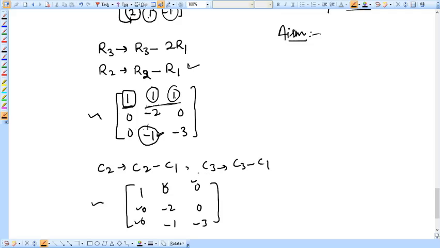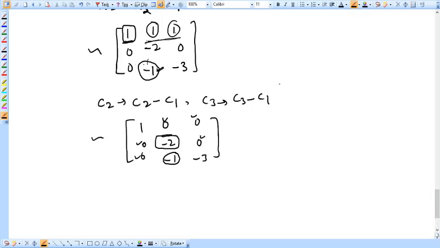Next, our focus is on this element. Using this element, we are going to make it 0. If you want to make it 0, you will have to apply an operation and subtract. So I'm going to apply the operation row 3 minus half of row 2.